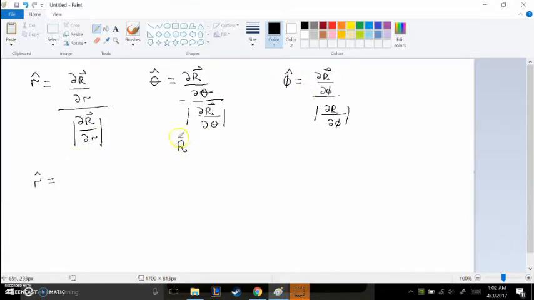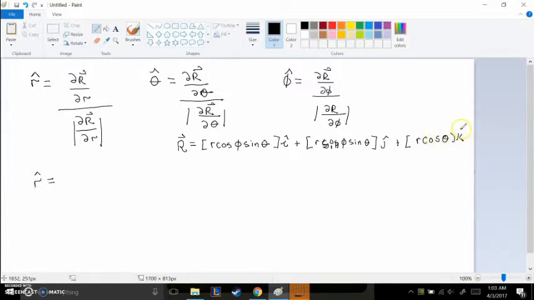So recall big R, R cos phi sine theta, right, in the i direction, plus R sine phi sine theta in the j direction, plus R cos theta in the k direction.